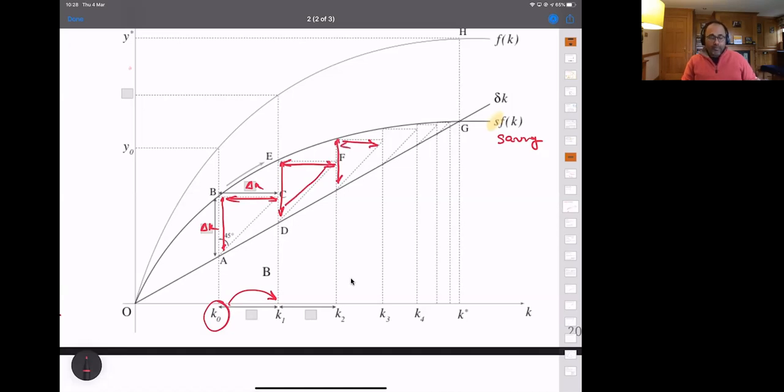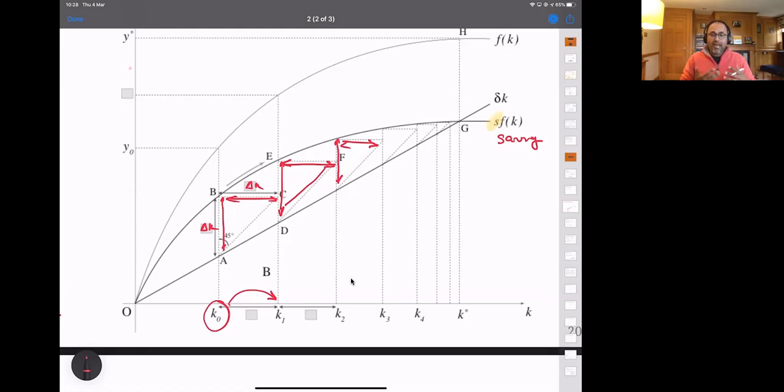What's important to notice is that each triangle is getting smaller and smaller. Why? Because as you add capital stock, the capital stock at the margin is less productive. So the increase in output is smaller, and the capital stock that you're adding to the economy in the next period is smaller.